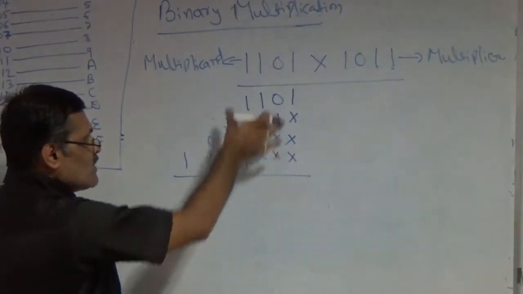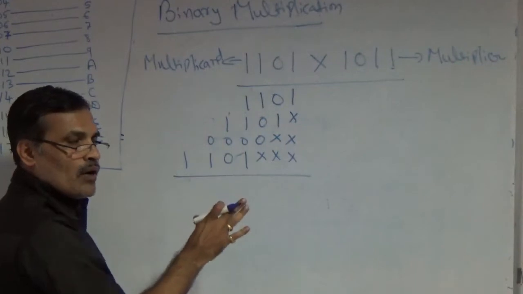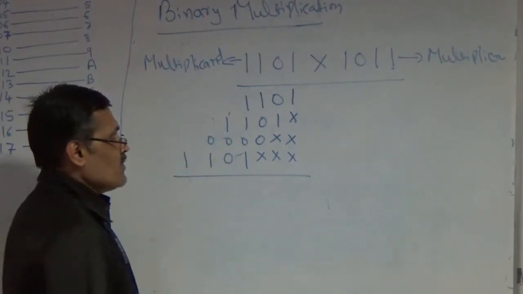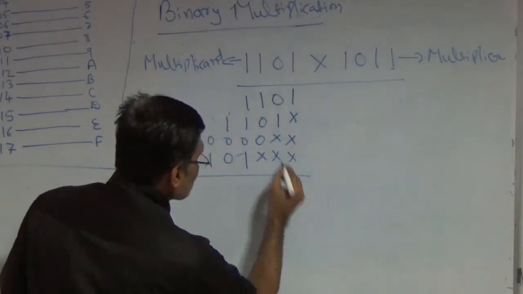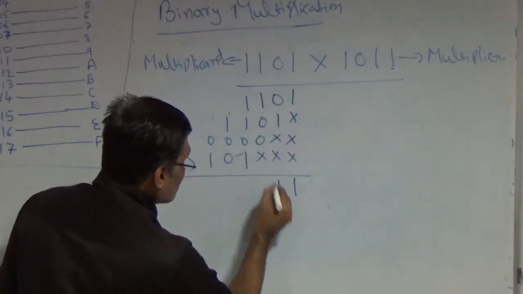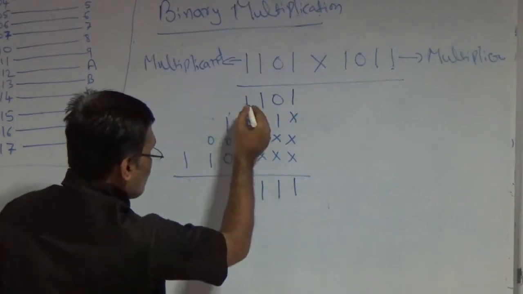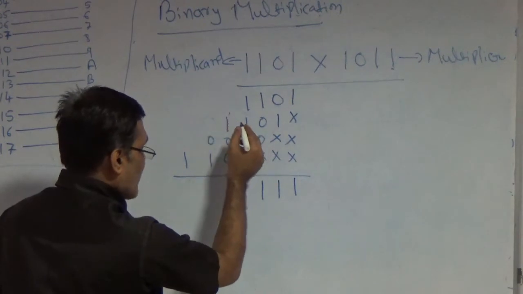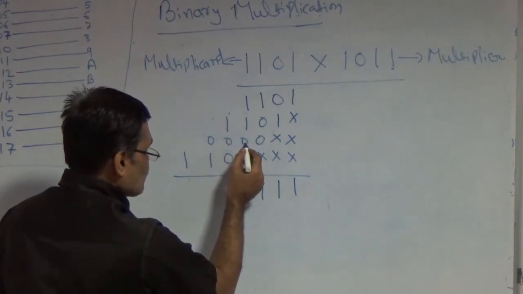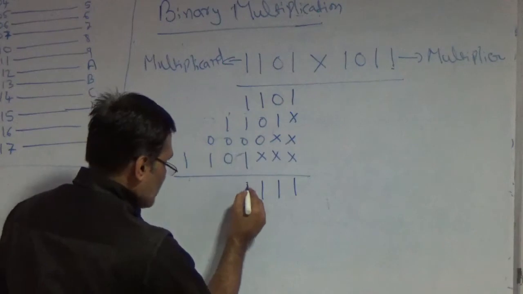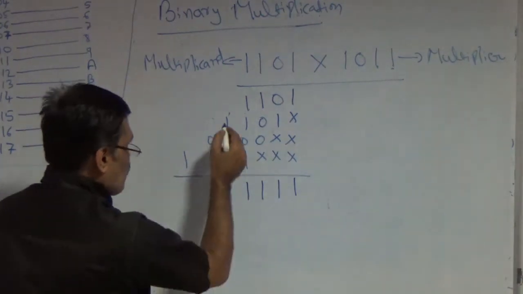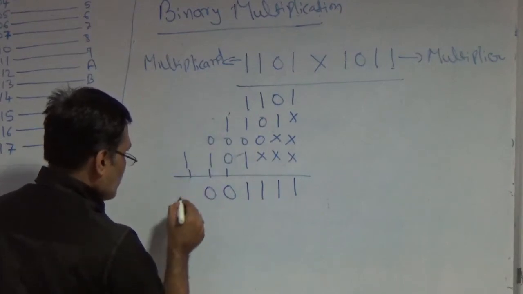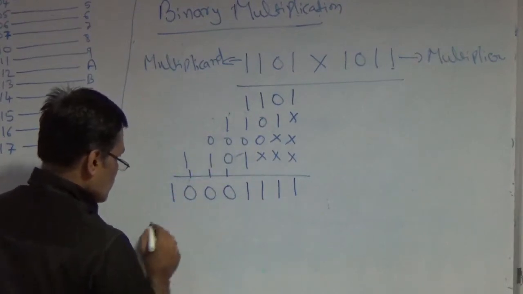After doing this, just add up all the binary numbers using the rules we followed in binary addition. This is 1 as it is. 0 plus 1 is 1. 1 plus 0 is 1. 1 plus 1 is 0 sum, carry is 1. Then 0 plus 0 is 0. Then 0 plus 1 is 1. Carry 1, so 1 plus 1 is 0, carry 1.